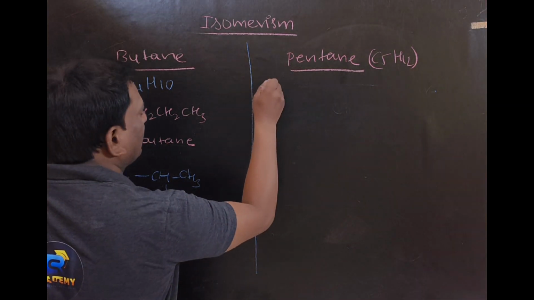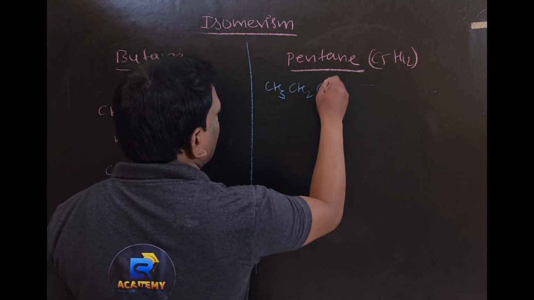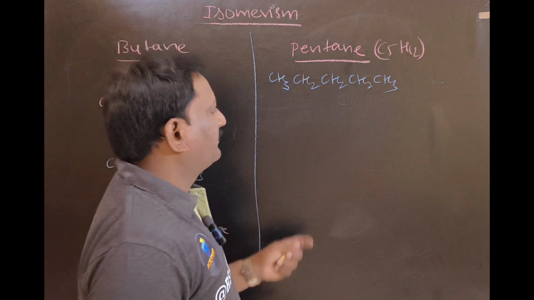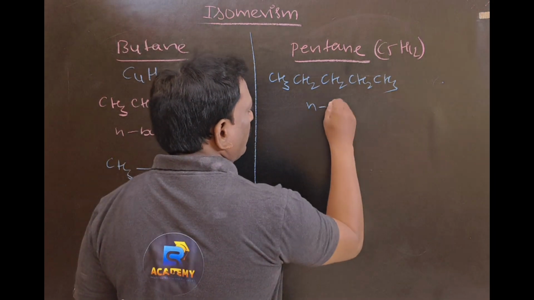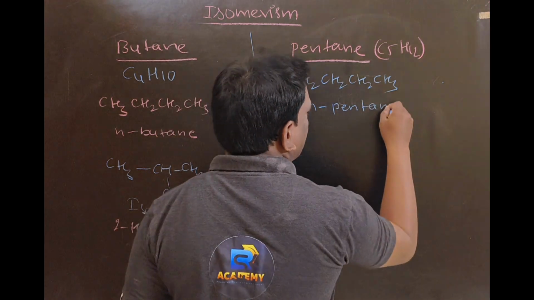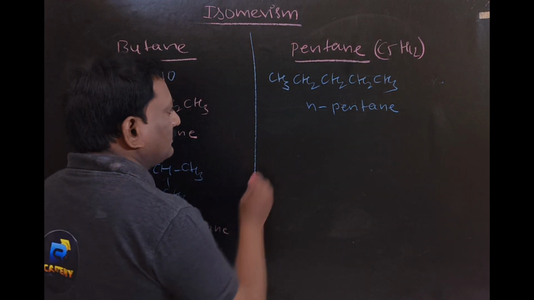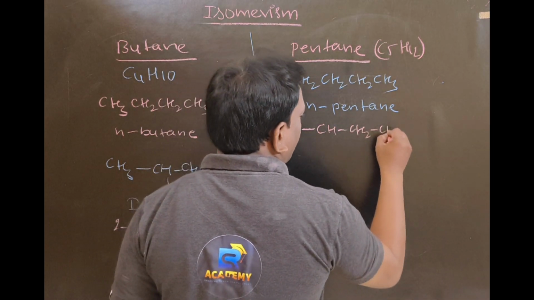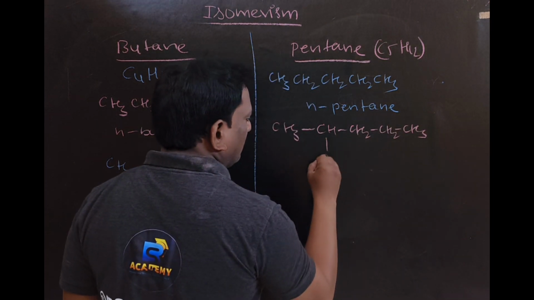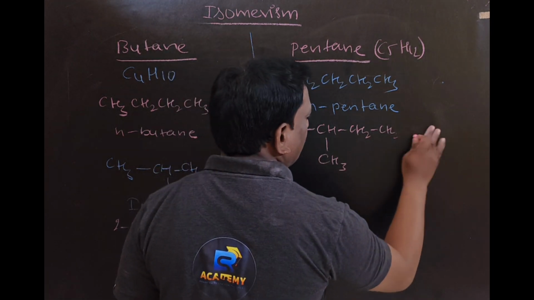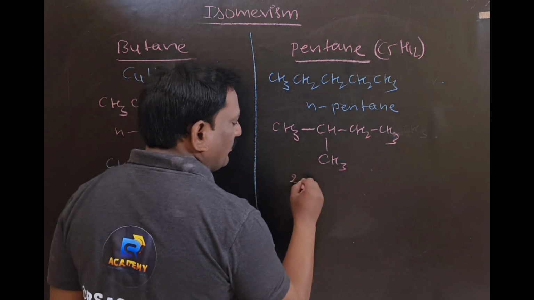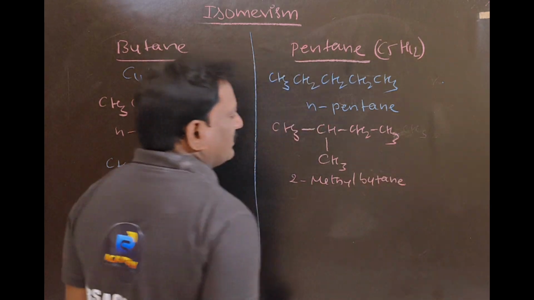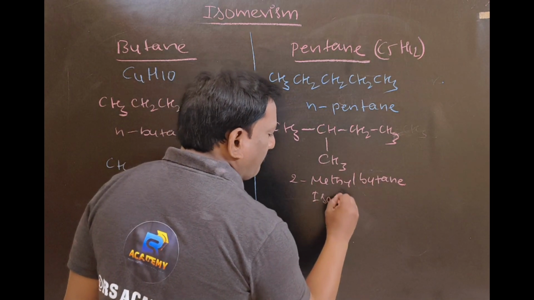One is n-pentane, CH3CH2CH2CH2CH3. Next, CH3CH(CH3)CH2CH3, sorry, this one is 2-methylbutane, which is called isopentane.